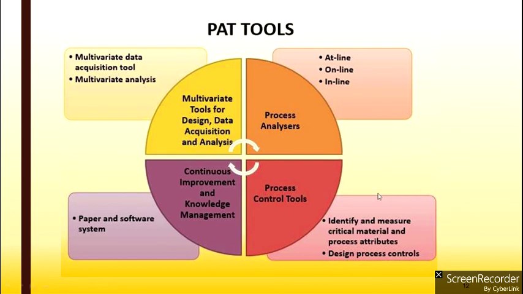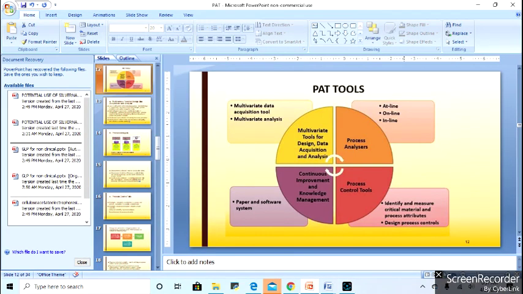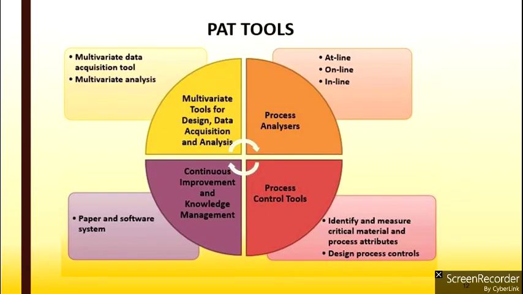These process control tools will tell you how good they are and how you can control a particular process. So now you are changing the parameters and bringing the process into control.